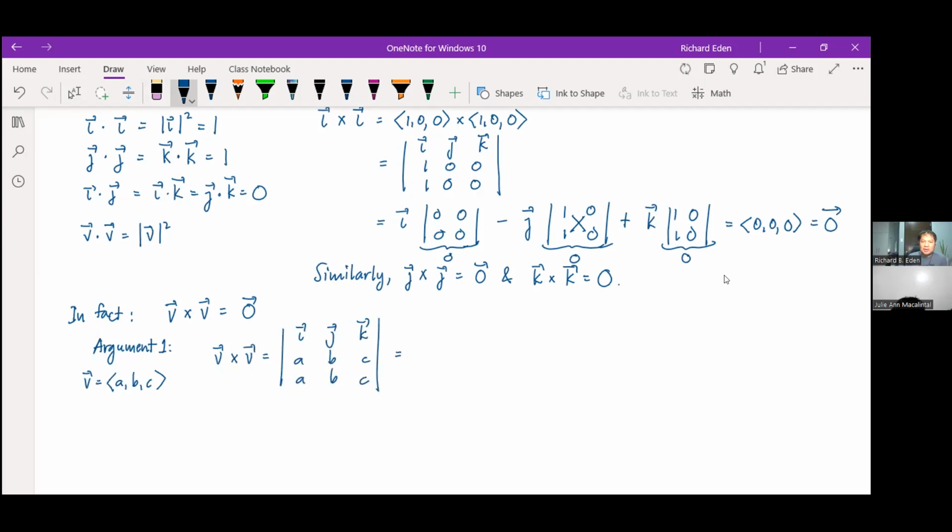And then when you write it down, I, and then which is in column number 1. So we take what's in the second and third columns, BC, minus J in the second column. So we look at the first and third columns, AC, AC, and then finally, since K is in the third column, we write down this 2 by 2 determinant using the first and second columns, AB, AB.